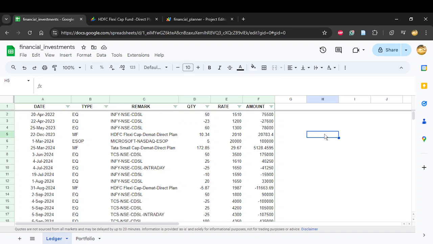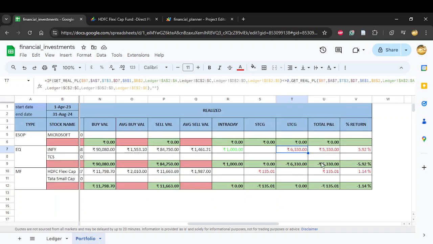Let's take the cost price of these 33 shares at this rate, then take the sell price of these 33 shares. Now if we subtract, we see the total profit on this trade is 6330, which is again validated in this region using this formula.